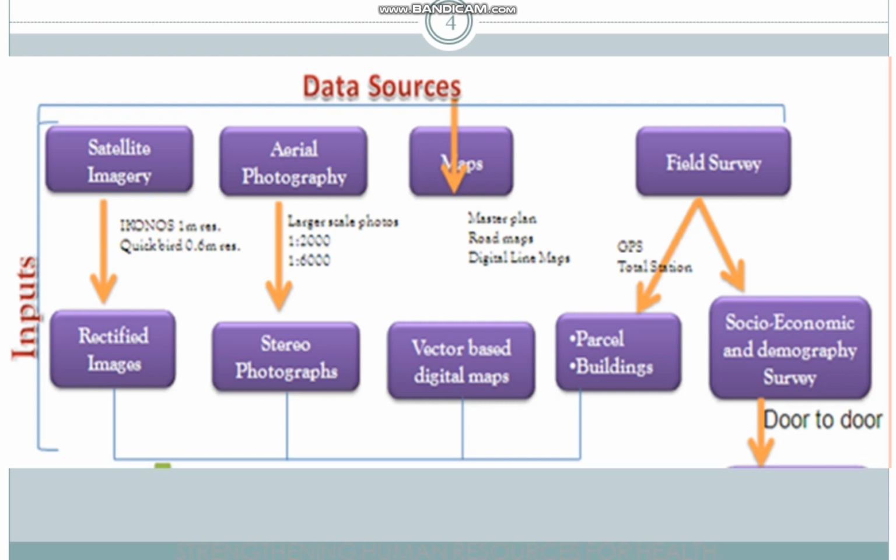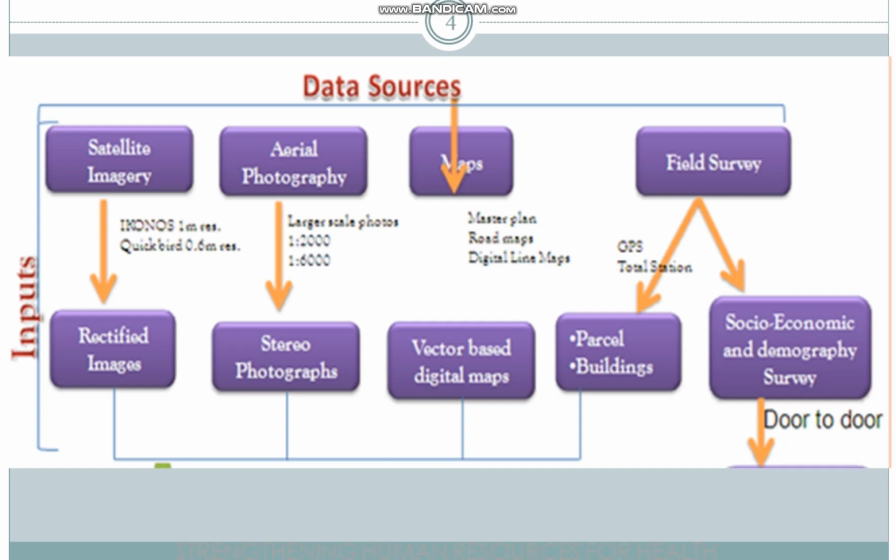When summarizing, the data sources may be satellite imagery, which will be rectified by using different methods. Aerial photographs are larger-scale photos, 1 in 2000, 6000, and the like, maybe stereo photographs. By using stereo, you can generate aerial photographs in the form of orthorectification. Orthomaps can be vector based or digital.